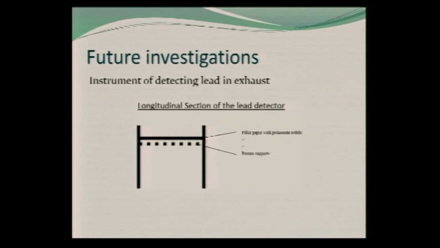When the car exhaust comes out from the car, we can collect the black carbon. If there is lead, it will stain to the filter paper yellow, and we can observe it at the other end of detector. But this is a prototype only. If you have any questions or recommendations about that, please feel free to ask in the Q&A section.